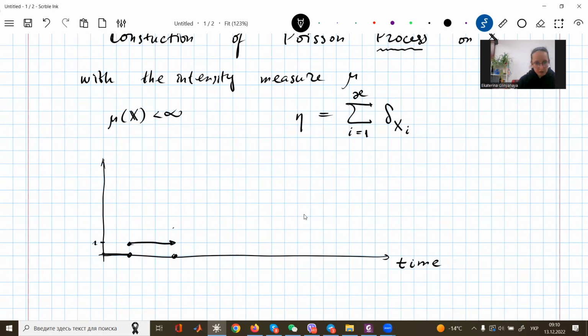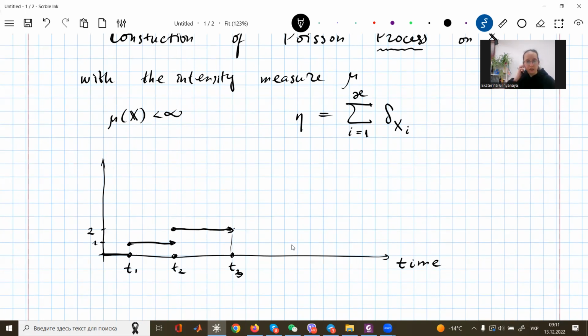I assume that many participants of these lectures heard about such a Poisson process in this form. So we had the random times of appearance of some random event, and we count these random events.